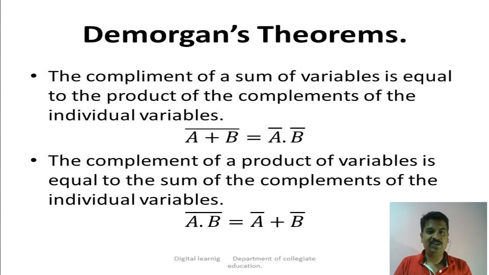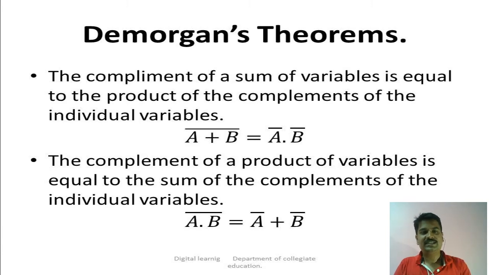(A plus b) whole bar is the complement of the sum of the variables, and that is equal to the right hand side, a bar dot b bar. That means the product of complement of individual variable.